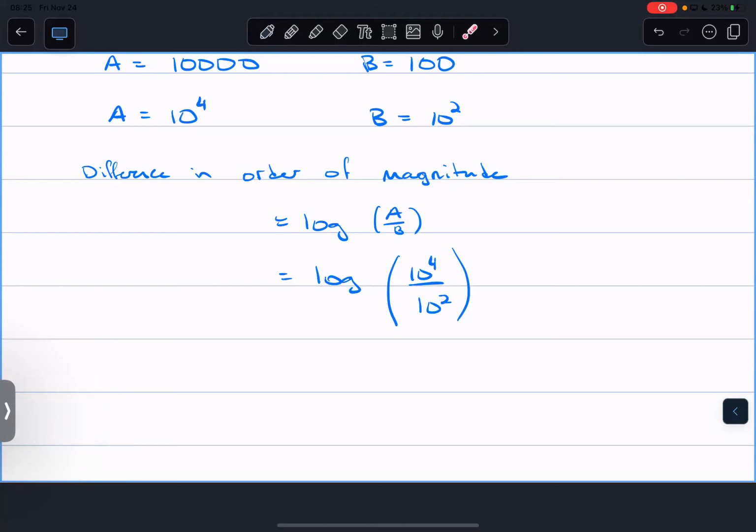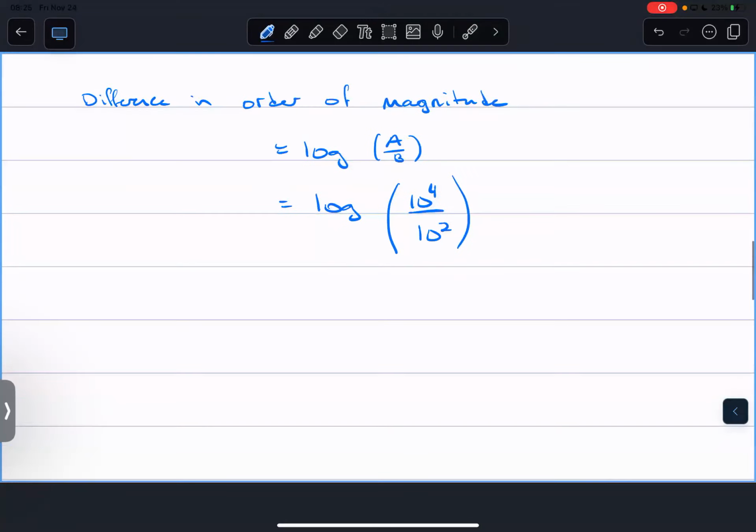Or if you prefer, you can just cancel, but technically that's what you're doing. And so this becomes the log of 10 to the 2, 4 minus 2. If I take the log base 10 of 10 to the power of 2, this just becomes 2 from our log laws.